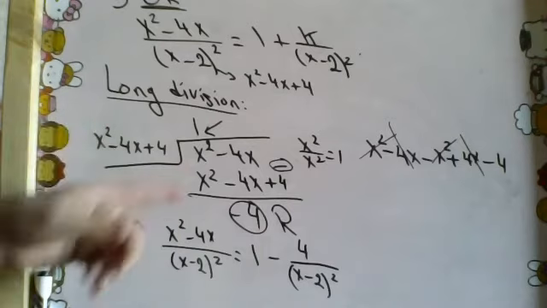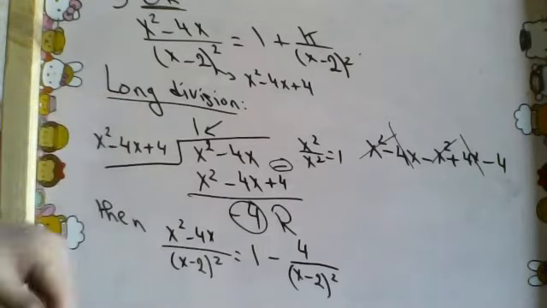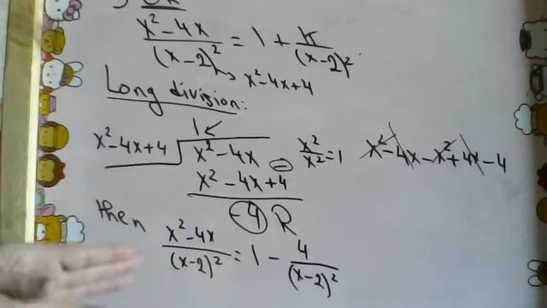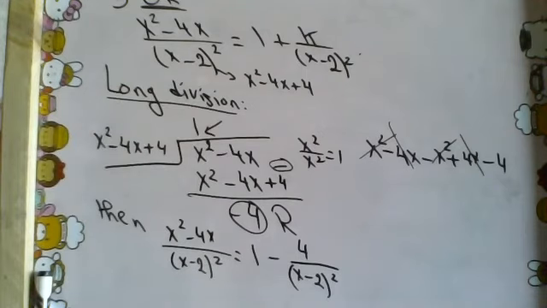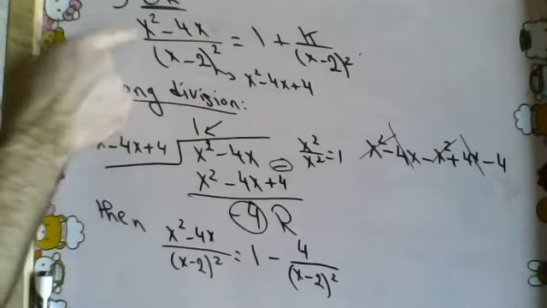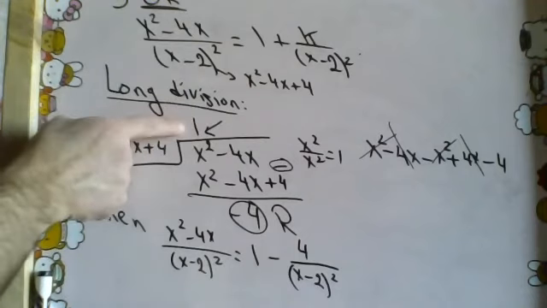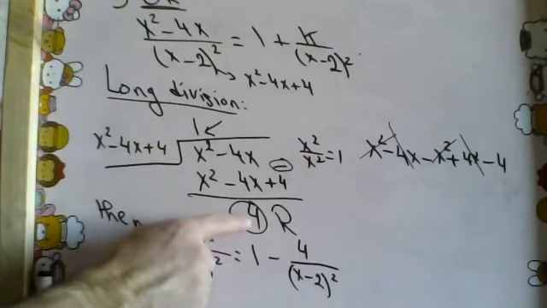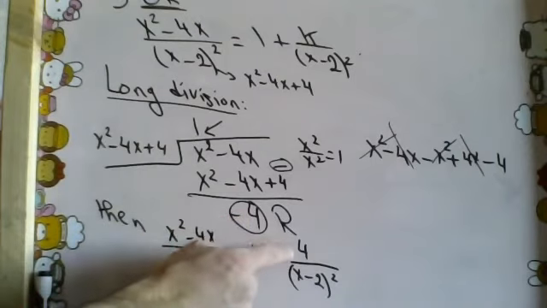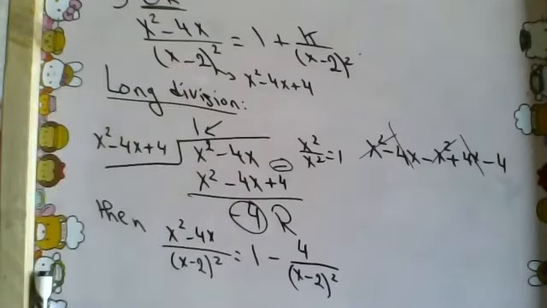Again, you repeat the same steps: 4x squared over x squared, you write the answer and so on. Now, to write the answer, x squared minus 4x over x minus 2 squared is equal to 1 plus the remainder, negative 4, so minus 4 over the same denominator x minus 2 squared.